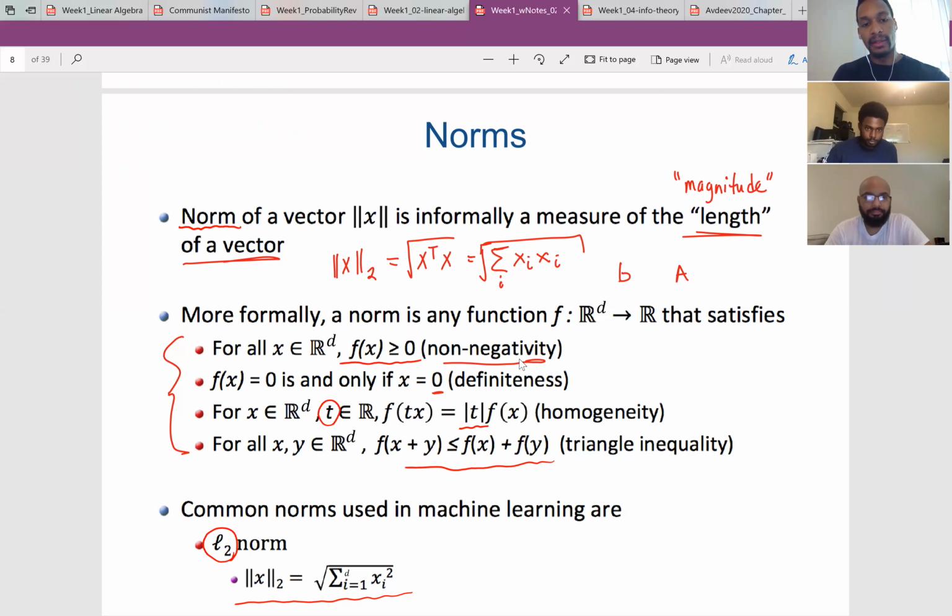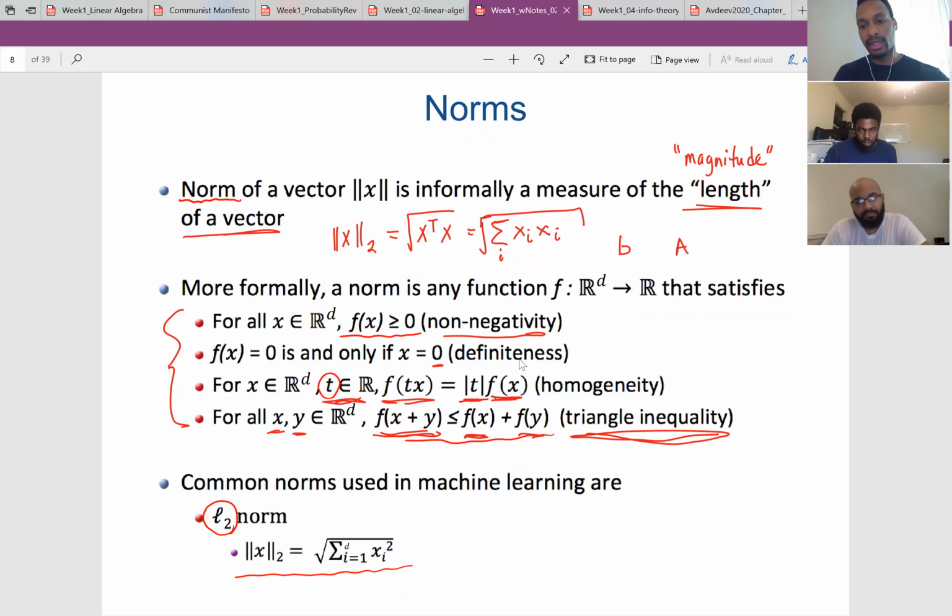And then for X a vector, if you have some scalar T, the norm of the scalar times X is equal to the magnitude of the scalar times the norm of X. And then for 2 vectors, X and Y, the norm of X plus Y has to be less than or equal to the norm of X plus the norm of Y. So this is a triangle inequality type thing.